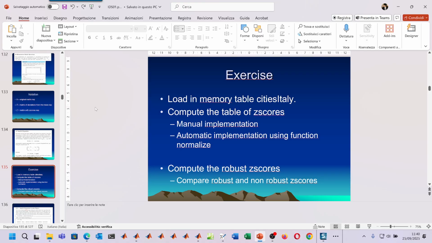Instead of the means, you have to compute, for example, the medians. Similarly, to compute a robust variability index, you don't compute the standard deviations, but the robust MAD, so the median of the deviations from the medians.